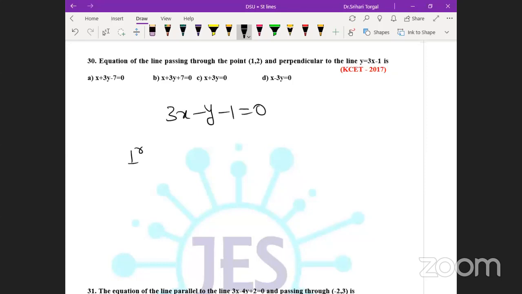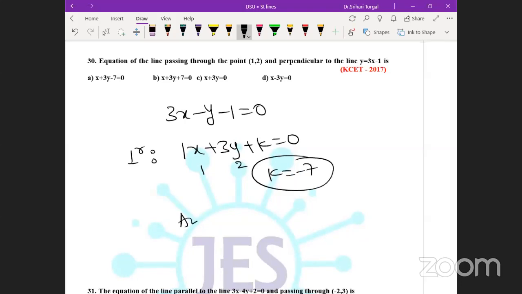What is the perpendicular line? 1x + 3y + k = 0. Whatever it may be, minus 1 or plus 1, just write down plus k and substitute that point (1,2). We will get 7, right? K value equal to -7. Answer is x + 3y - 7 = 0. Option A is the answer. Okay.